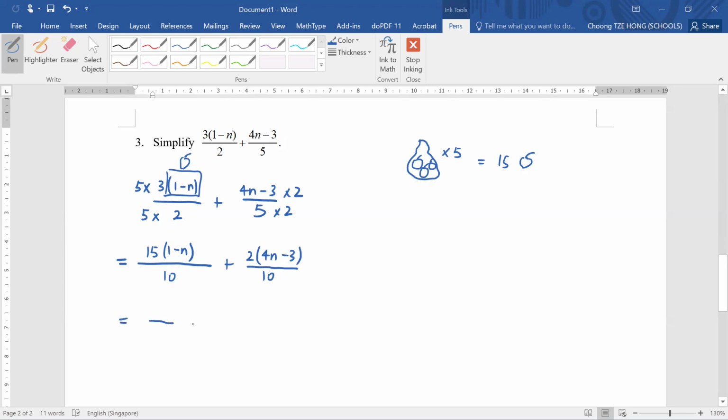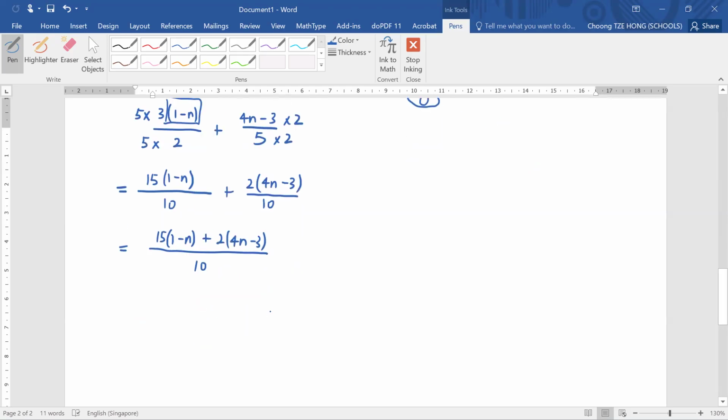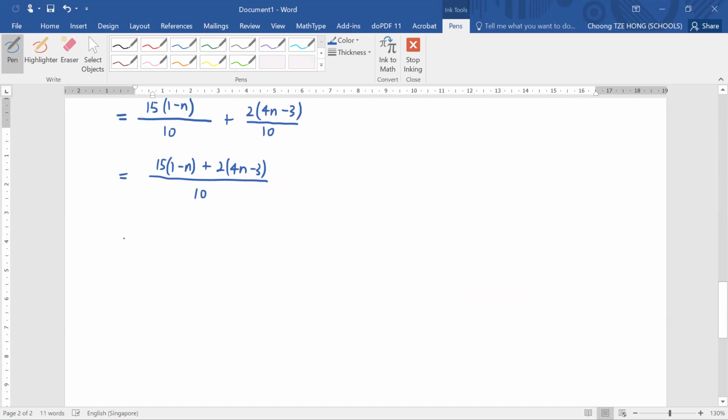So we just combine them together: 15 times 1 minus n plus 2 times 4n minus 3. Just expand and simplify. Rainbow method: 15 times 1, 15. 15 times negative n, negative 15n. Positive 2 times 4n, positive 8n.